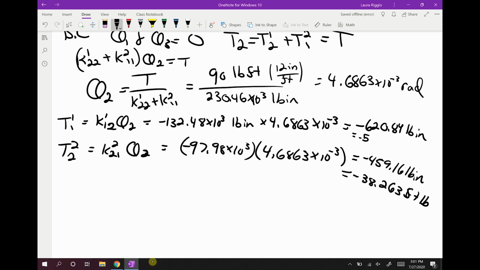And the first one was minus 51.737 foot-pounds.